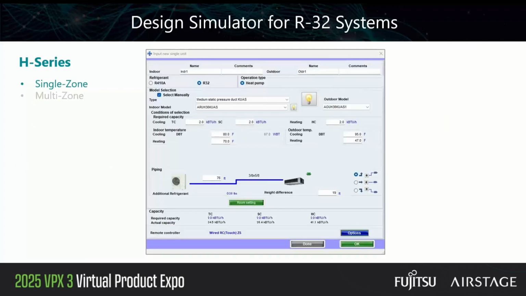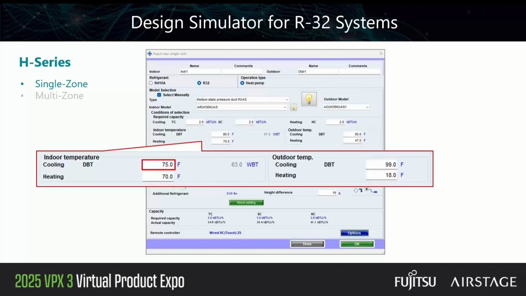So it's compatible with single zone, as we mentioned, and one of the really neat features about Design Simulator is if you're doing load calculations, which you should be anyway. Every project should have a load calc.